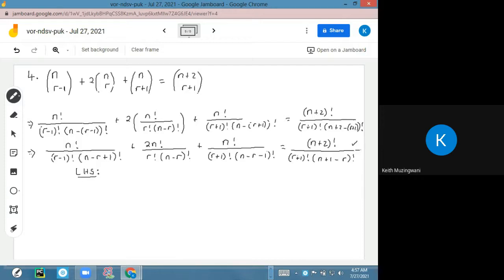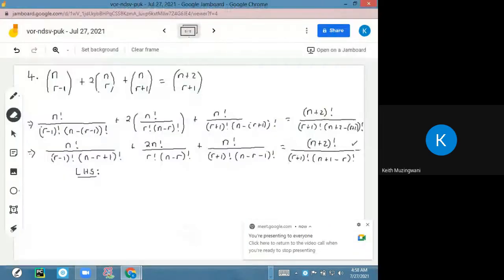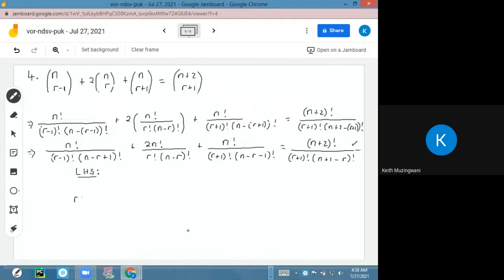Between r minus 1 factorial, r factorial, and r plus 1 factorial, the highest is going to be r plus 1 factorial.